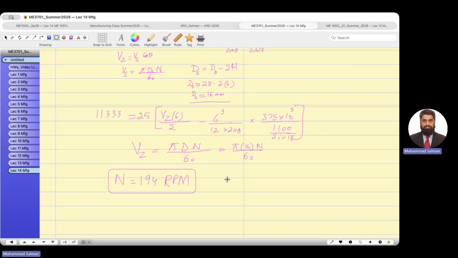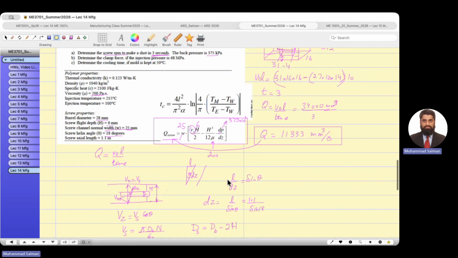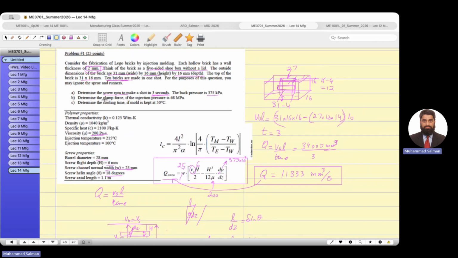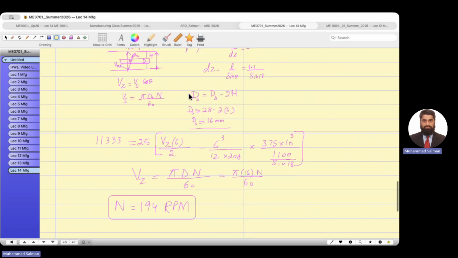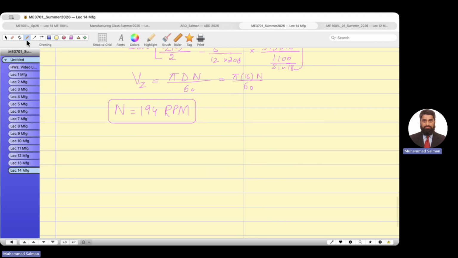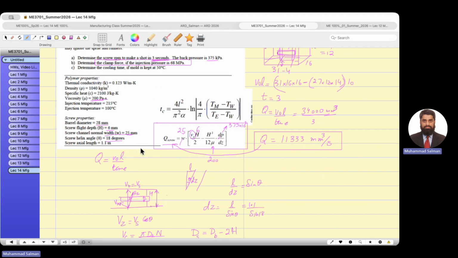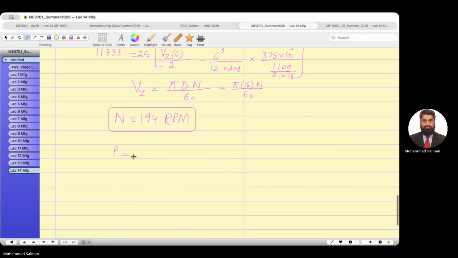After you find the revolutions per minute, the next question asked is, what is the clamp force when the injection pressure is given. So you have to clamp the die if the injection pressure is given, which is 68 megapascals. Injection 68 megapascal, and P equals force divided by area.